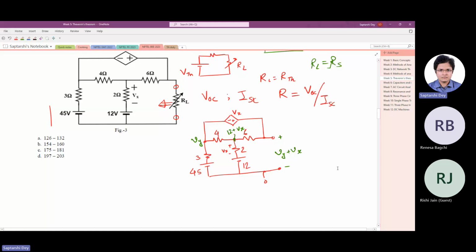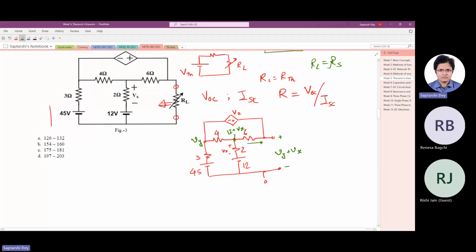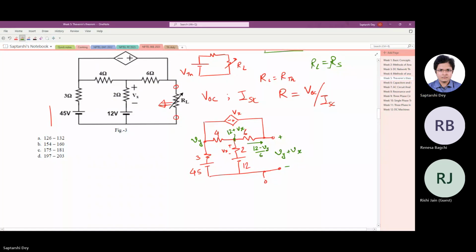Let me just quickly write how much current is flowing in this way. It's 12 plus Vx minus Vy minus Vx, so 12 minus Vy by 6. Okay, we will now write the node equation. In the first node, this node, we will write the equation first.